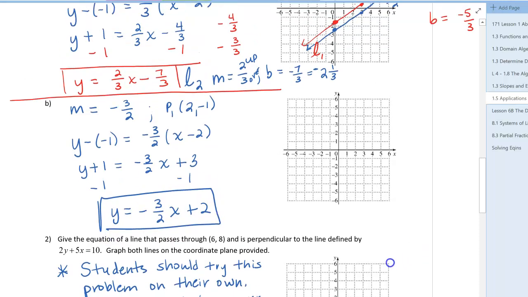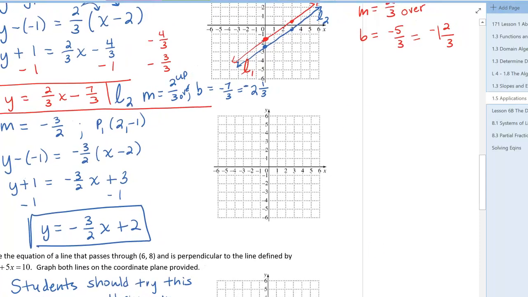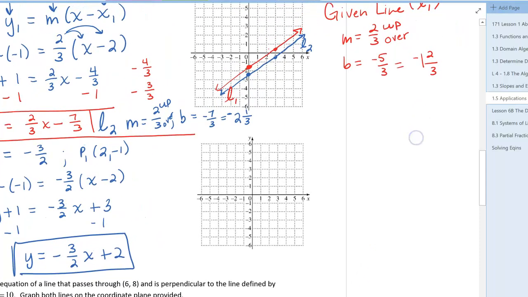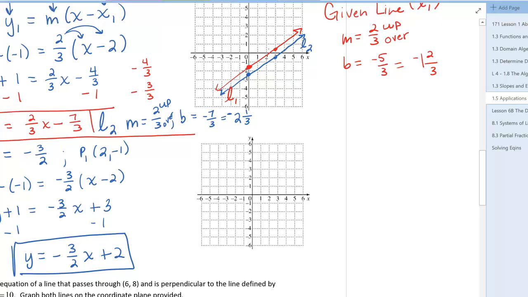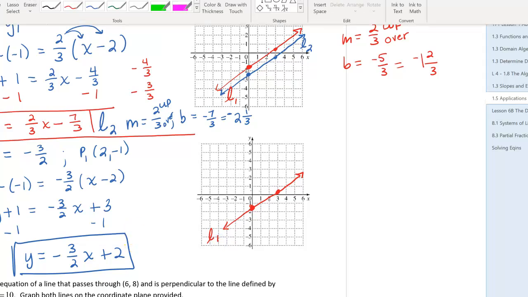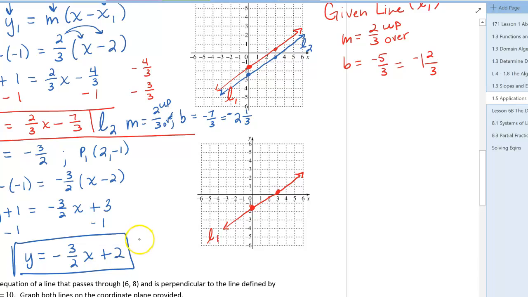All right. So again, I'm going to graph that given line, line 1. So I have negative 1 2/3, which is about here. And then from there, I'm going to go up 2, over 1, 2, 3. So again, this is my line 1. This time, line 2 is going to be perpendicular to this line.